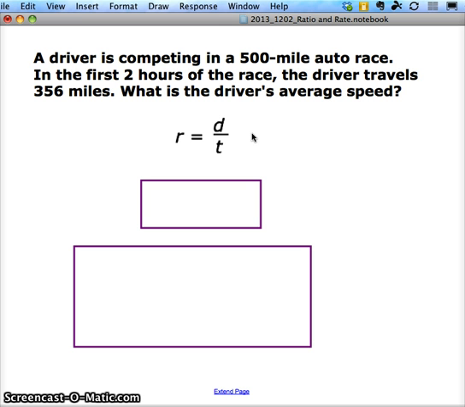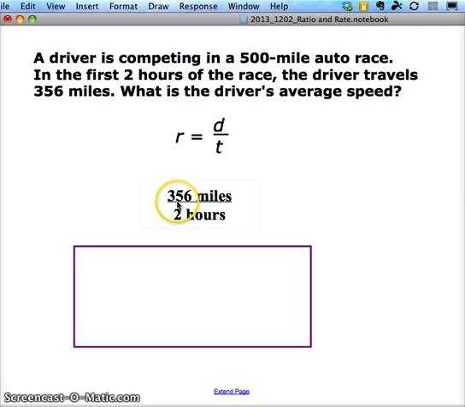So are you going to use the 500 or the 356? Don't be fooled by the additional piece of information. Yes, he's competing in a 500-mile auto race, but he's actually traveling a distance of 356 miles, which is right here. So when you write your rate, make sure that you use the correct information.